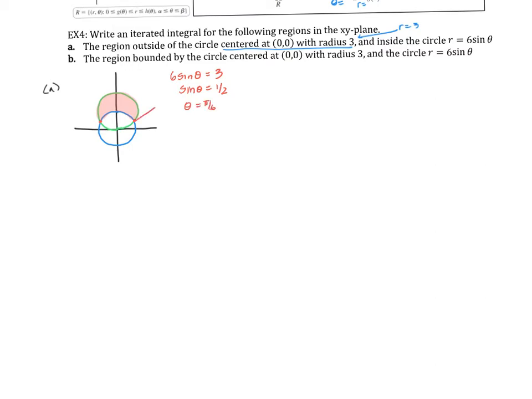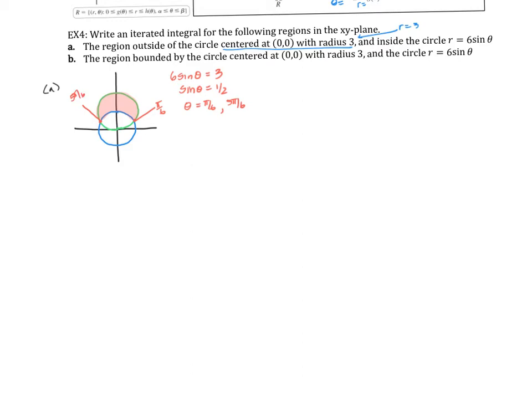So that would be this first theta value. And then the next time sine is equal to 1/2 would be at 5 pi over 6. That would correspond to this second value. So I have my theta values.